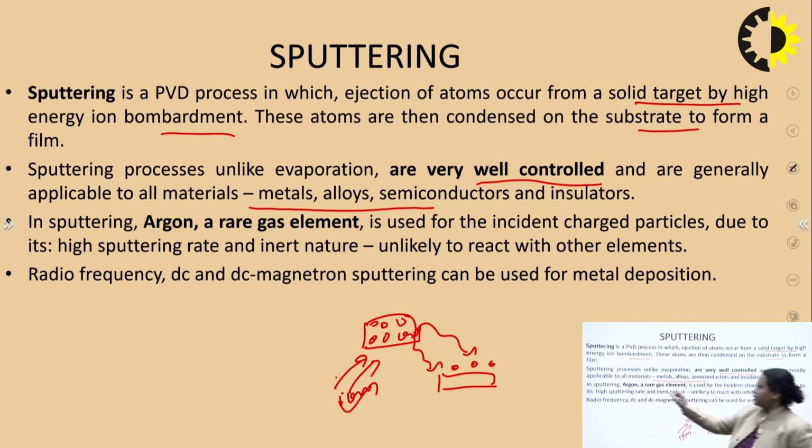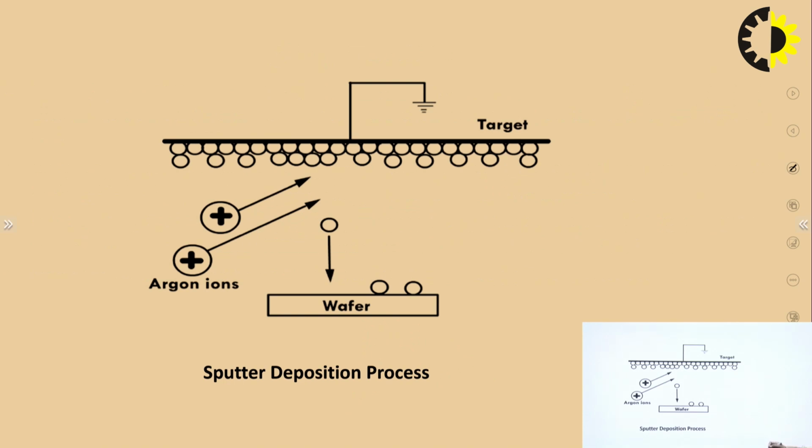Argon, a rare gas element, is used in sputtering, and this whole process can be done using radio frequency, AC and DC magnetron sputtering. This is the diagram of it. We are using argon, the high-energy ion, to bombard the target, on which some atoms are already placed.